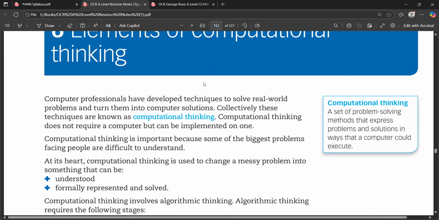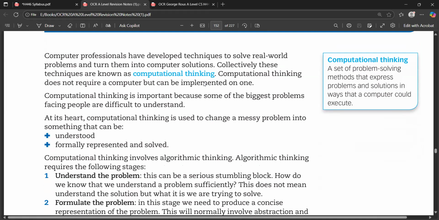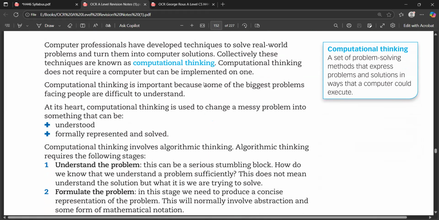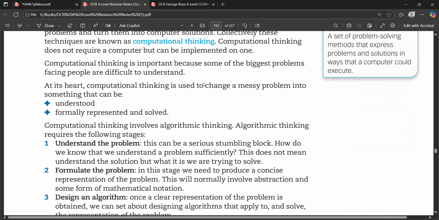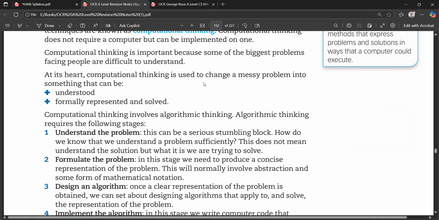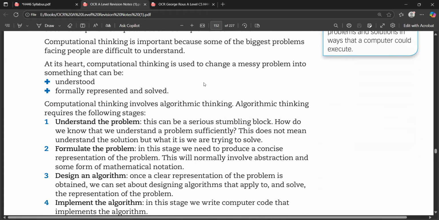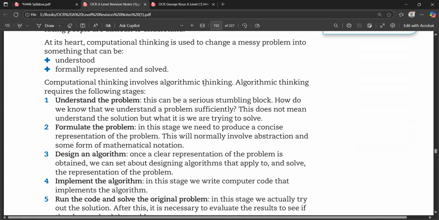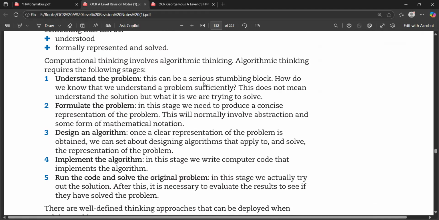Computational thinking does not require a computer, but it can be implemented on one because you are thinking about the set of problems that you have to solve. It is used to change a problem into something that can be well understood and formally documented.